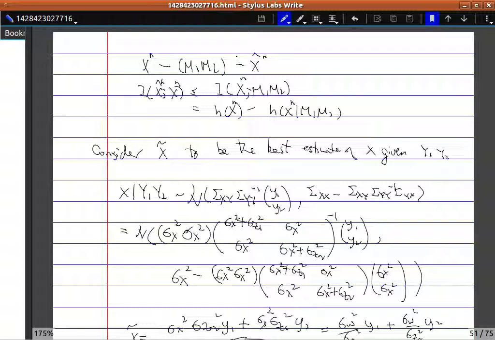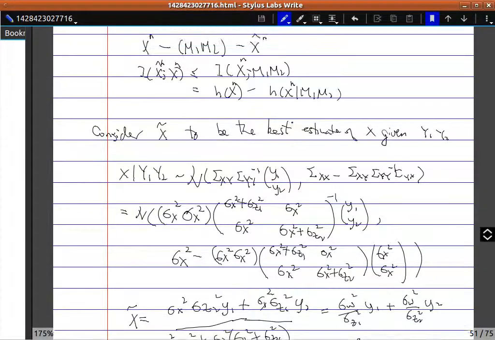So then we can expand the second term here, the mutual information for this one, with h(X^n) and h(X^n given M1, M2). Now, for the second term, we'll try to do the same thing as before. We'll consider some x tilde that's a best estimate of x, but now we have the observation not just y1 or y2, but both y1 and y2.